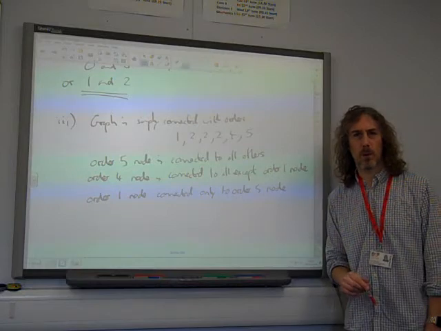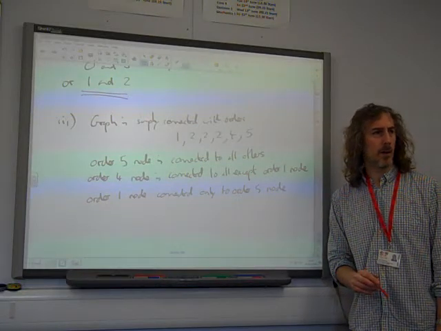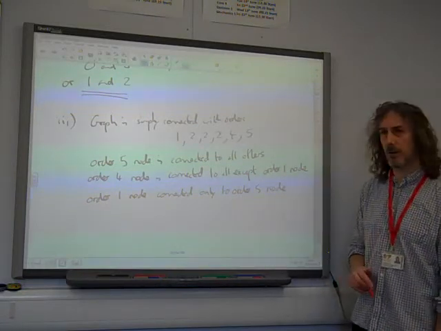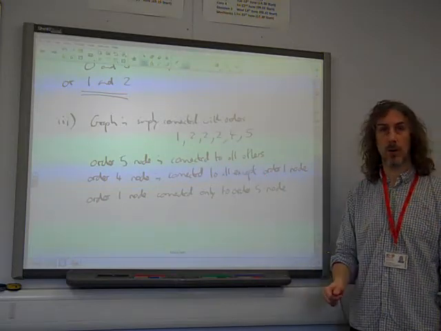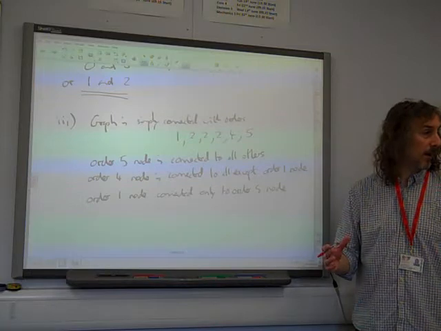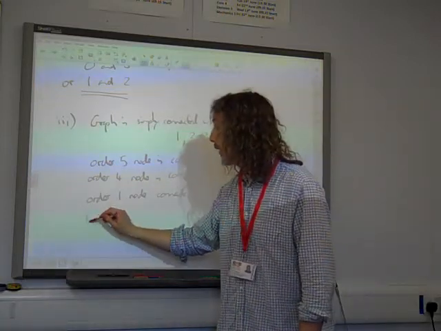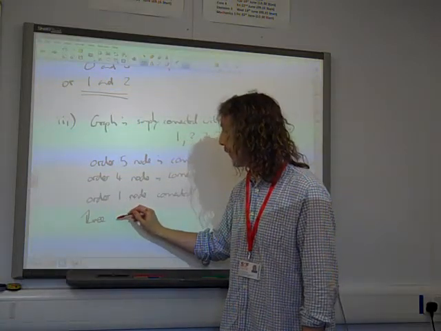And I think we've worked out what's going on with the others as well, haven't we? So the 3 order 2 nodes are connected only to the order 5 and the order 4 node. And there's no flexibility in what's happening with them.